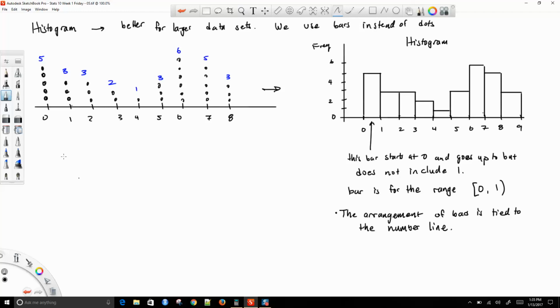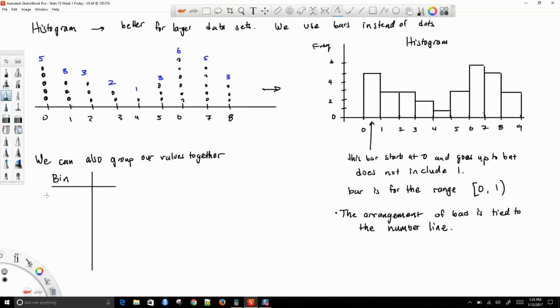So instead, we can group our values together. I'll just do it very quickly with this data set, but we can create what we call bins.